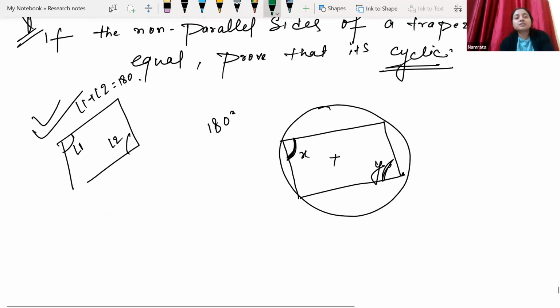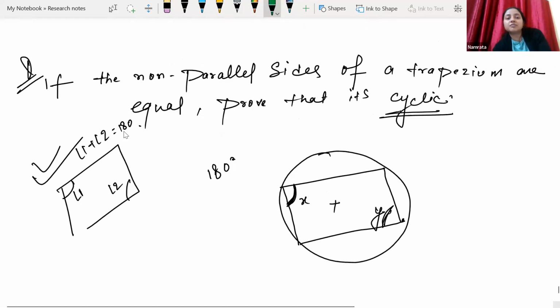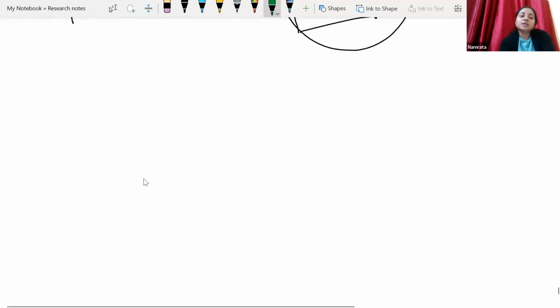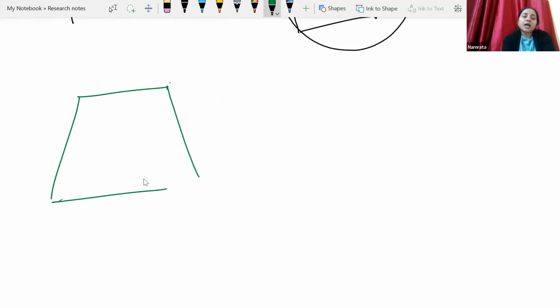So it's talking about the trapezium. If the non-parallel sides of a trapezium are equal, we are having a trapezium. Here we know that this side and this side are parallel with each other. This side and this side are parallel with each other, known as the bases of the trapezium.